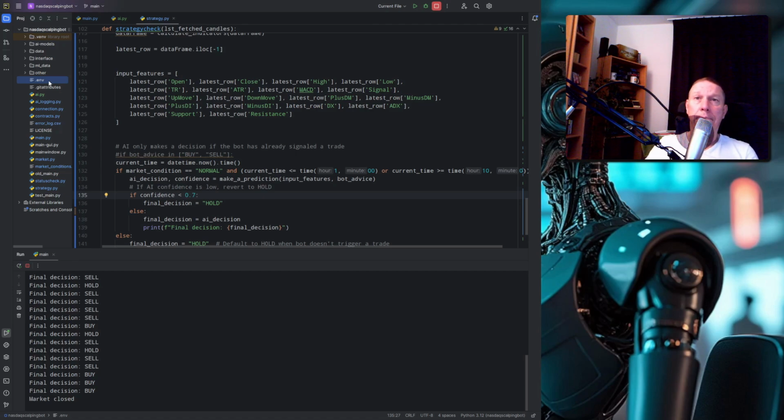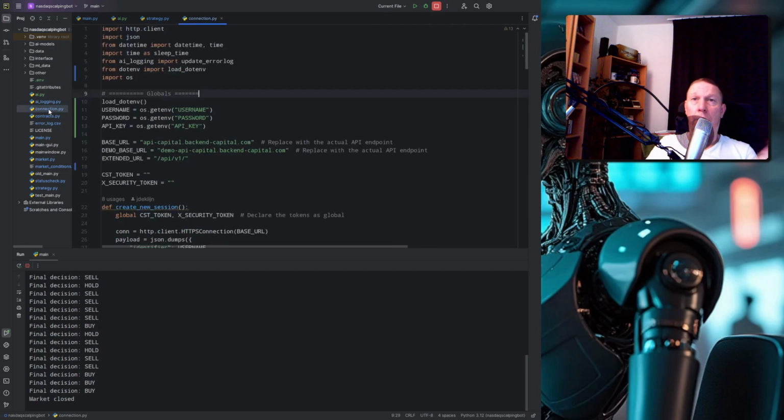Then in my case, when I open the connection, you see I have from dotenv, load_dotenv, and then import os is a new part. Then you can get from the env the username, the password, and the API key.